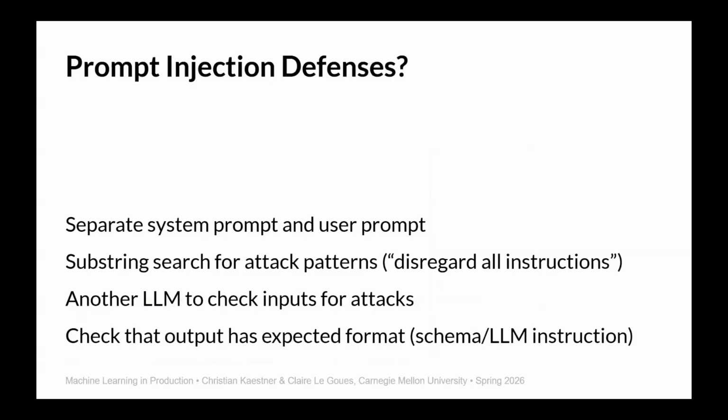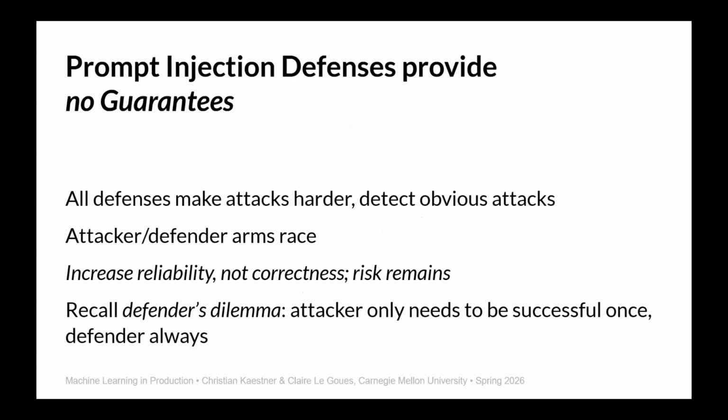So the whole point of this entire exercise is that we have no guarantees to prevent prompt injection attacks. There is no way. We don't know how to do that. We can do a best effort thing, and that will help a lot. There's all kinds of companies selling you these prompt injection detection things, and I think they work most of the time.